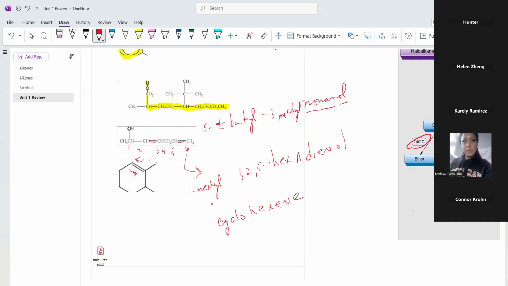If we start with the 1 here, that'll give us smaller branch numbers. If we go the other way, the 2 methyl branches end up being pretty large numbers. So we're going to start with 1 over there. Okay, so that's 1, and then 2, 3, dimethyl cyclohexene.